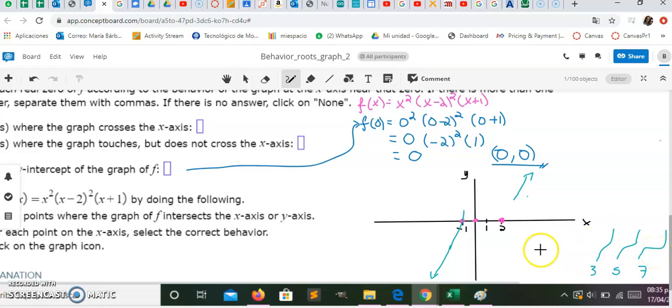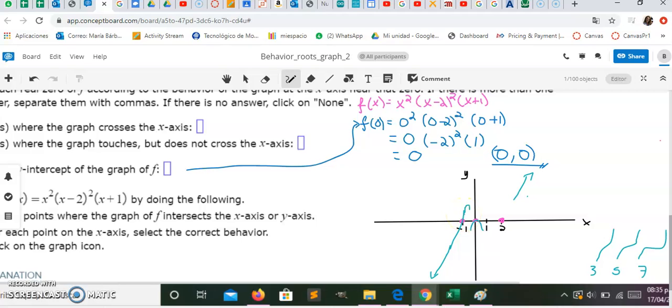And for example, let's continue with the next root. As the next root is 0 and the multiplicity of 0 is 2, it is going to touch or just bounce in the x-axis. But look, you are not going to bounce like this, okay? Because look, the graph is coming from this other point. So it is coming from here.